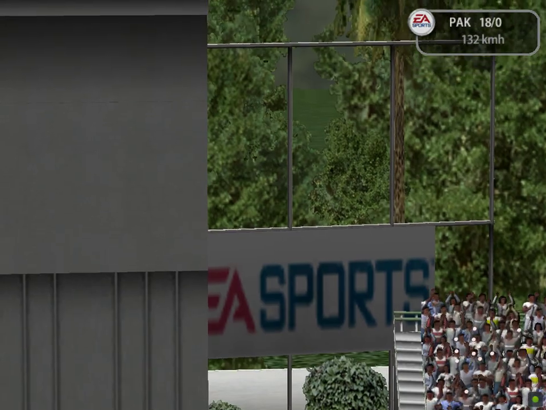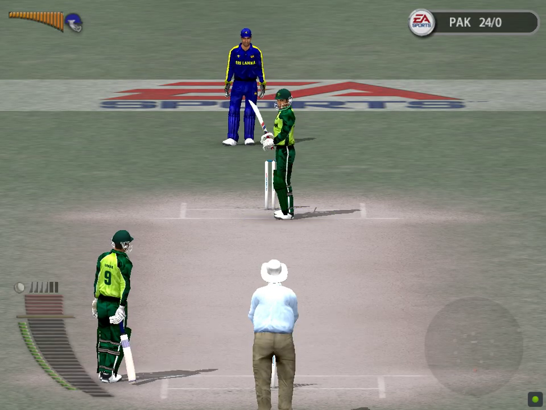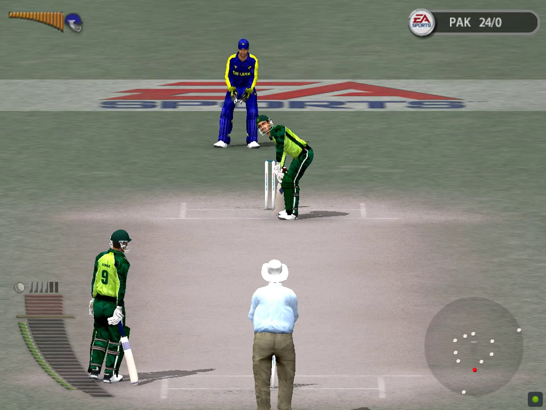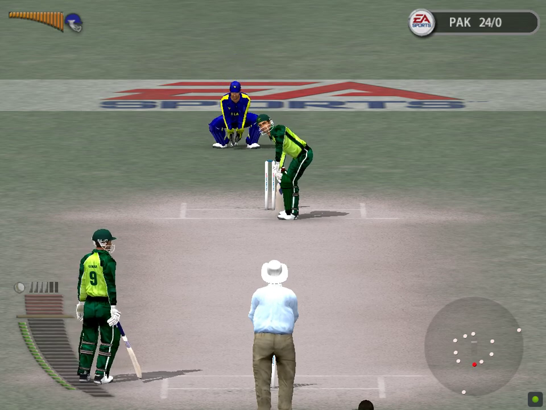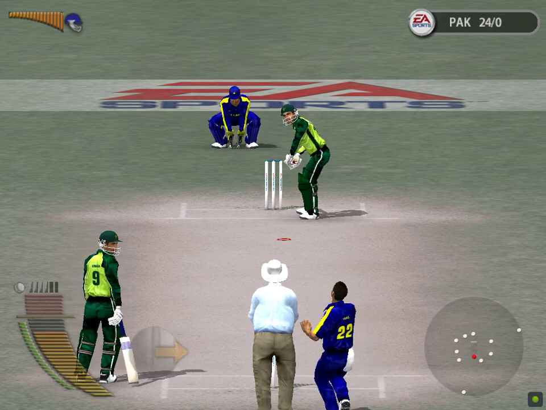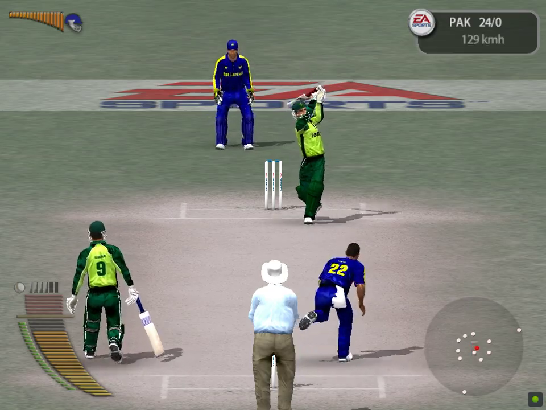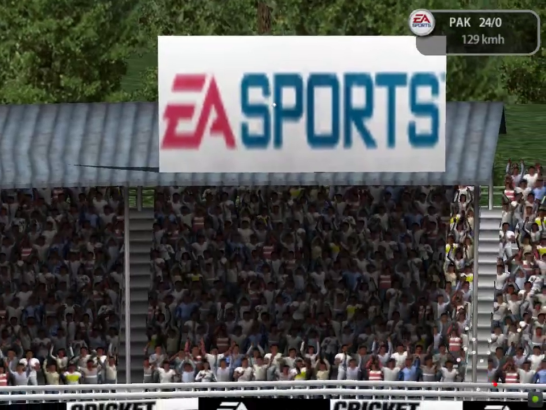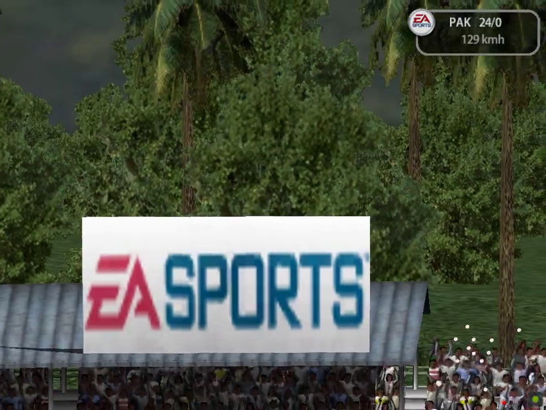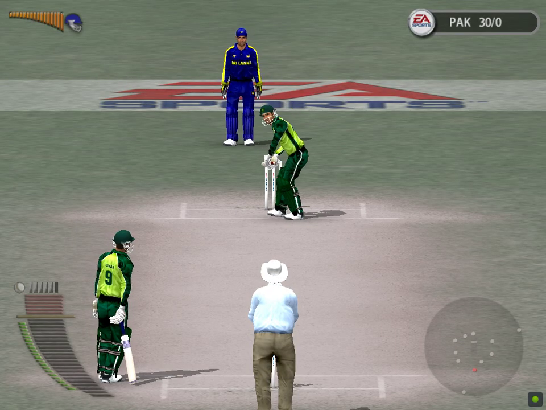He's really given that a whack. 6, but we can have a look at that again. That's in the stands. 6 runs. Let's take a look at that in slow motion.